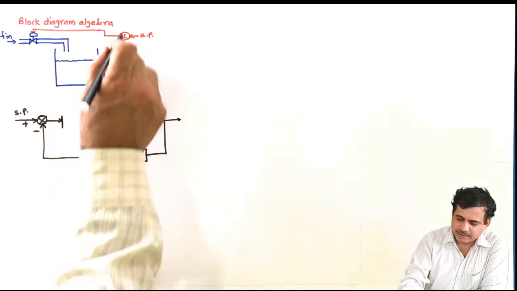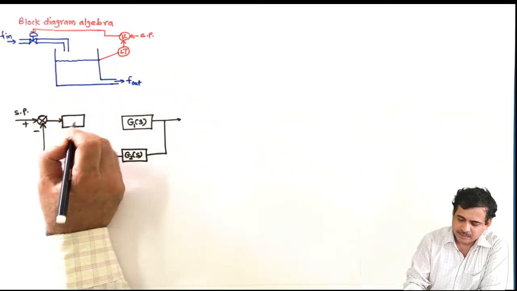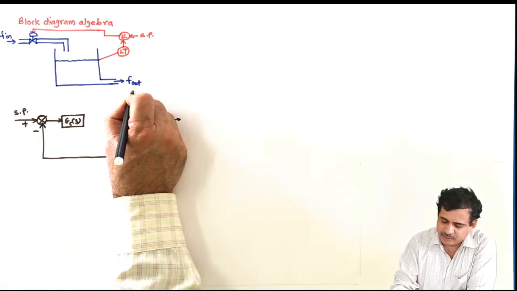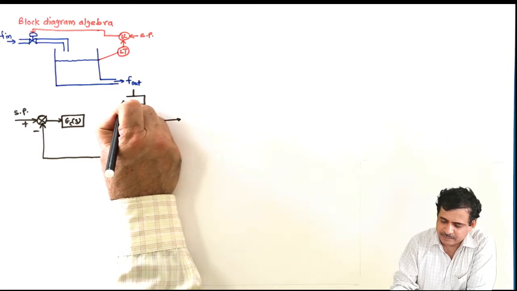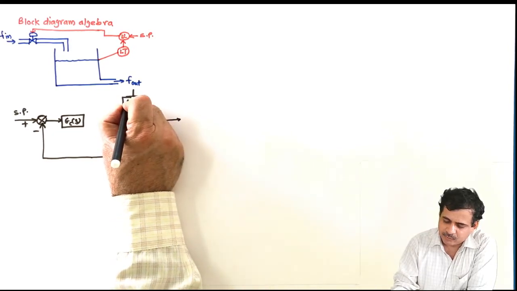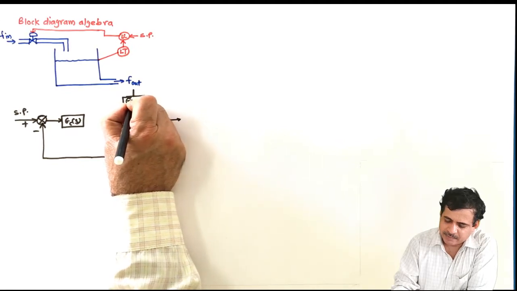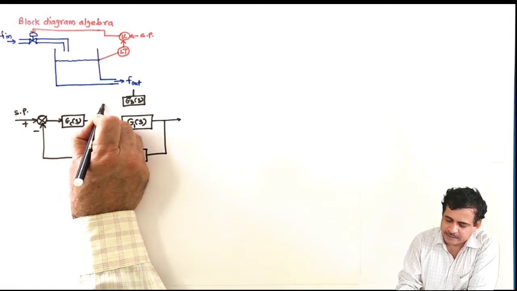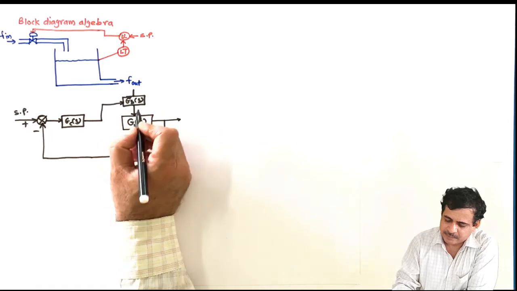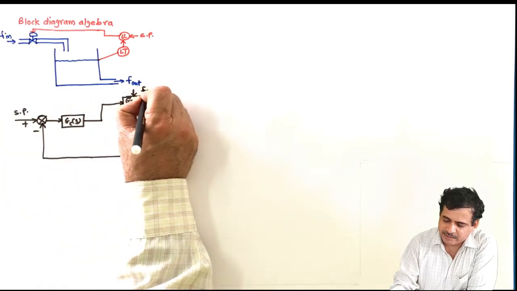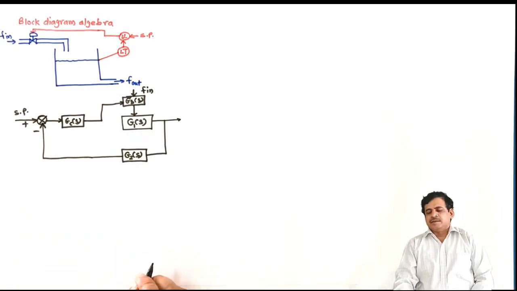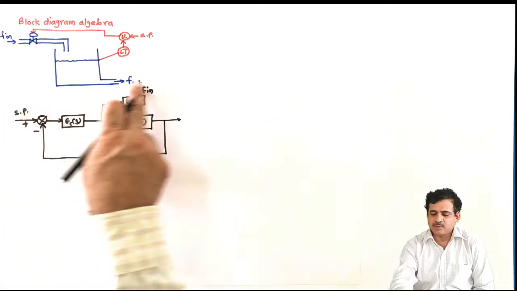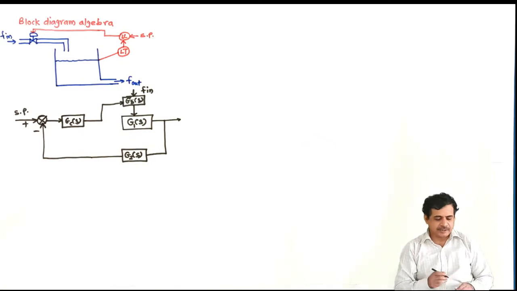Then there will be a controller, this level controller. Let this be Gc of s. Then this signal is connected to the valve. So here I have a valve. So let this valve be G3, and it is connected like this. This is F in, correct, and through this valve it is connected. So now this is the block diagram for the particular system.